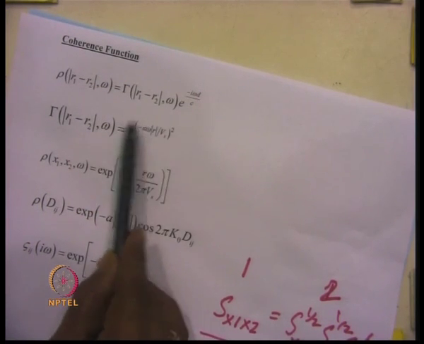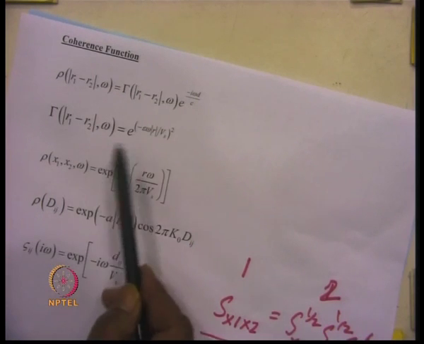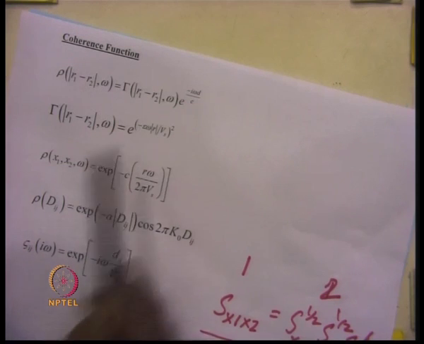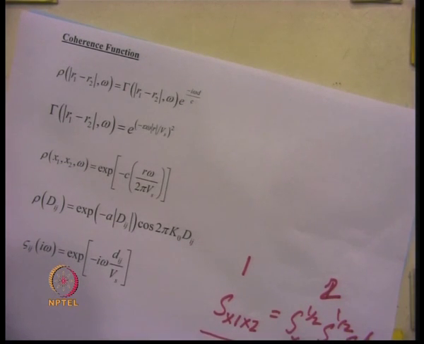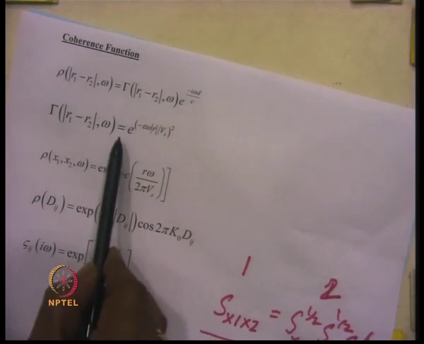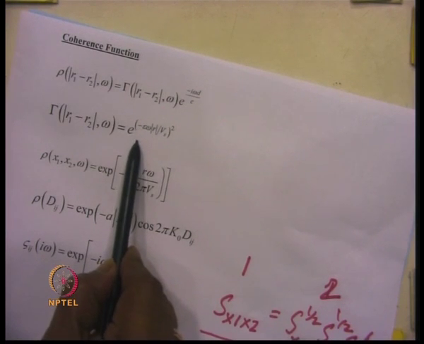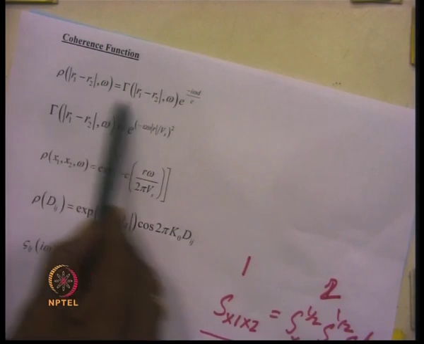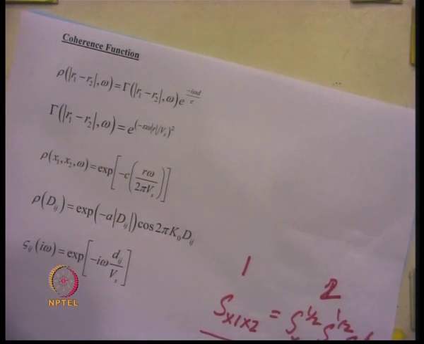This is also an exponentially decaying function with the shear wave velocity coming into the picture. So, using this into this, one can get a coherence function which will be a multiplication of 2 exponentially decaying functions.